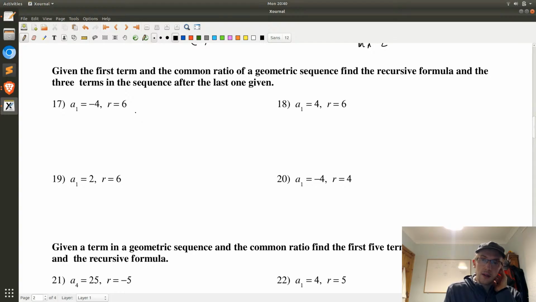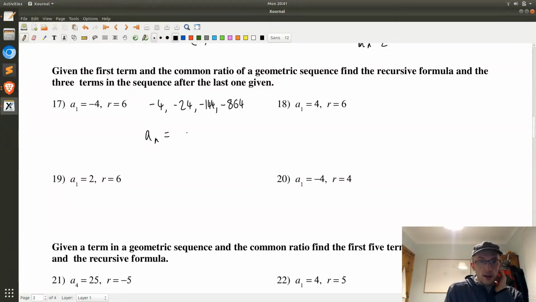I'm going to work out term number 4. So -4, -24, -144, -864. Why not?